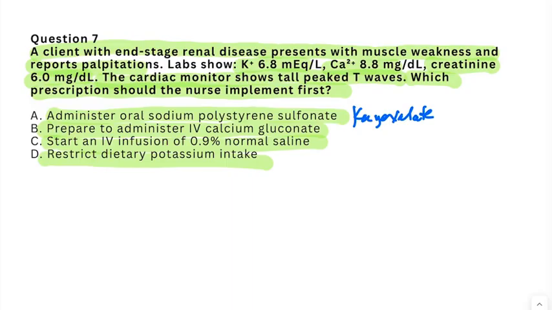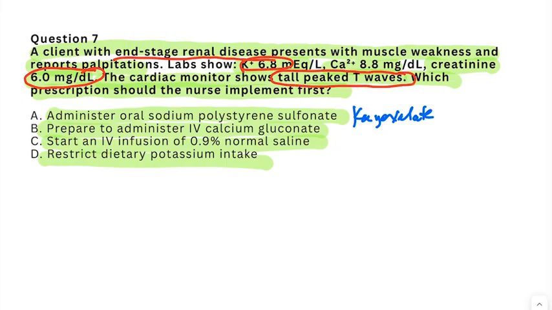Okay, are we ready? Okay, so the patient has end-stage renal disease. The problem is potassium is really, really high. The creatinine is really, really high, and it's already showing peaked T waves.